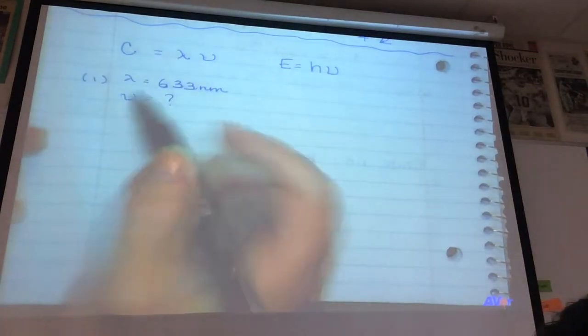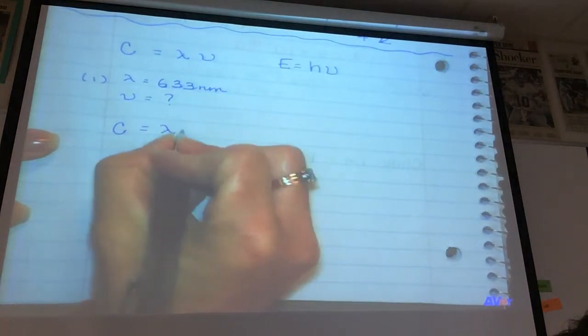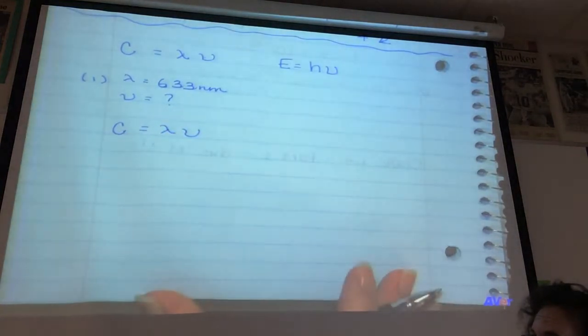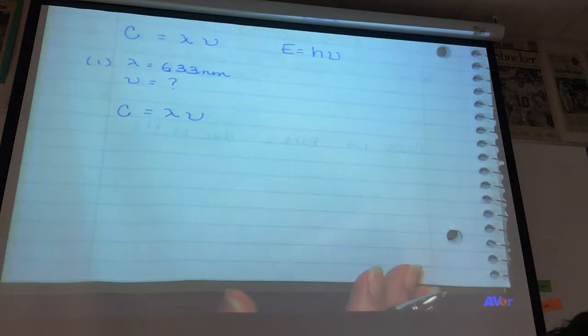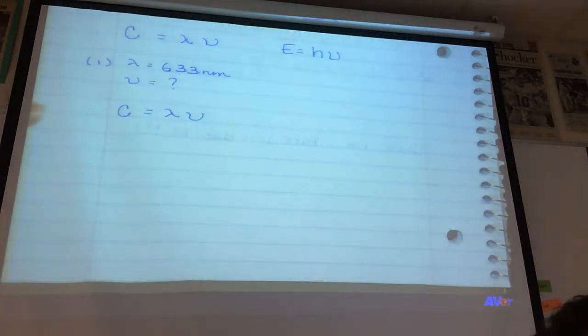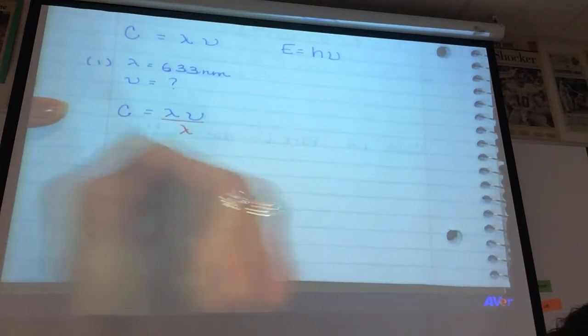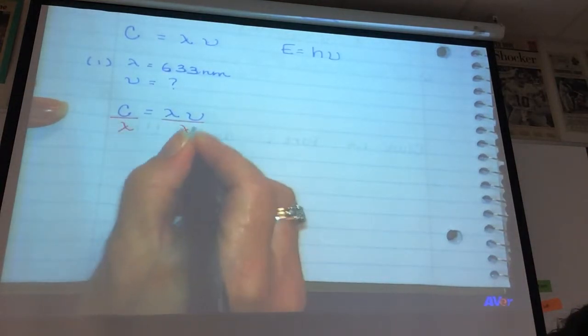The first one is correct. We've got the speed of light is equal to the wavelength times the frequency. I want to solve for frequency, so I'm going to divide both sides by the wavelength.